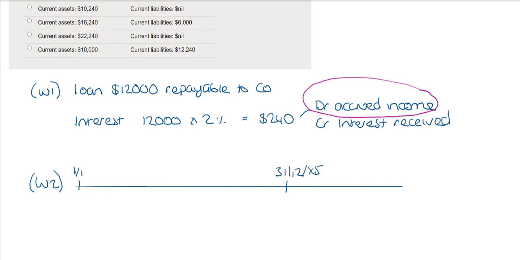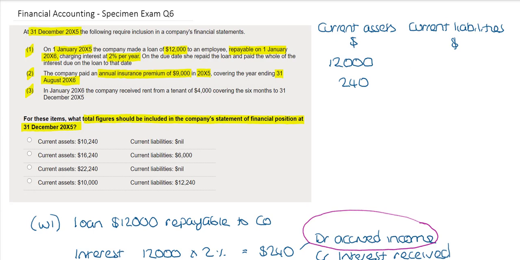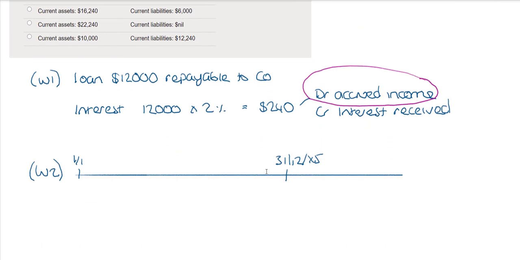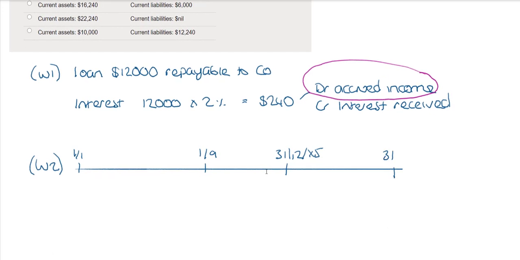What we're also aware of is that our insurance premium ran to the 31st of August 20X6. And so therefore, this premium ran from here on the 1st of September right the way through to the 31st of August after the year end. Our insurance premium therefore straddles the year end.